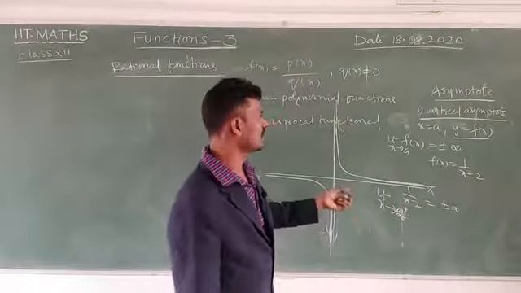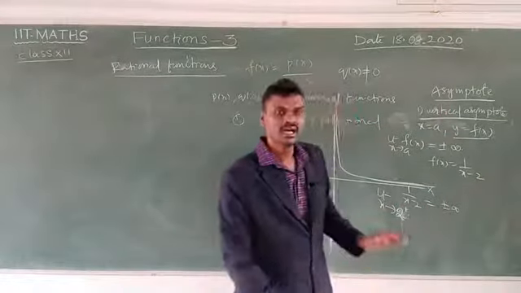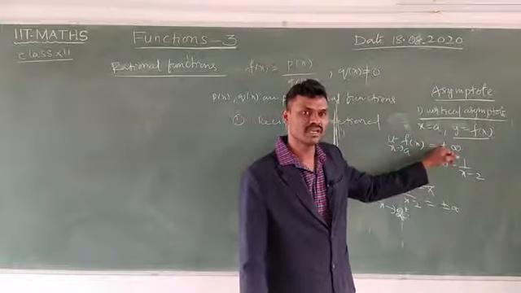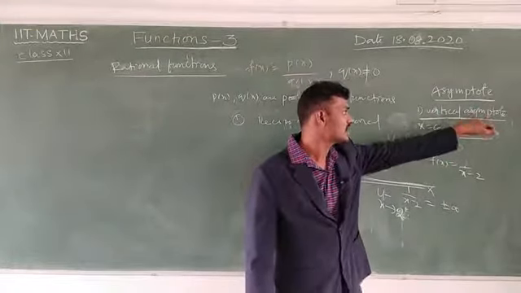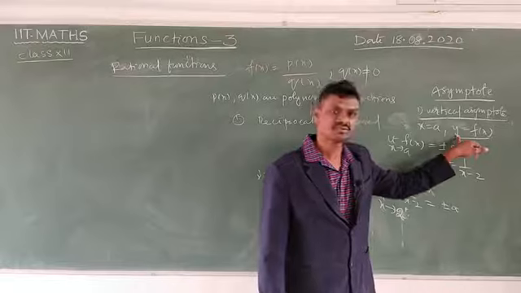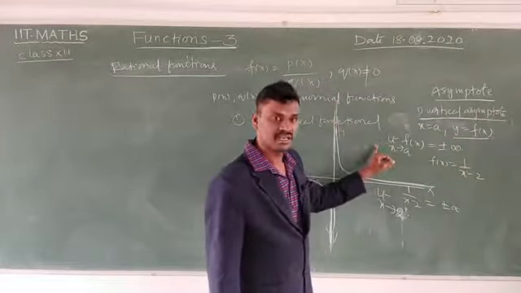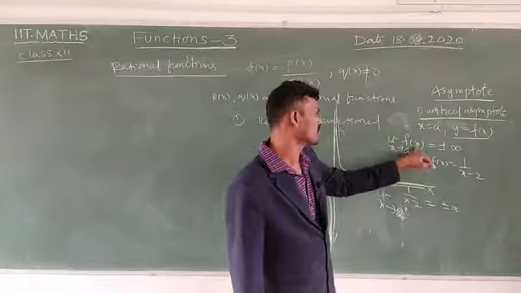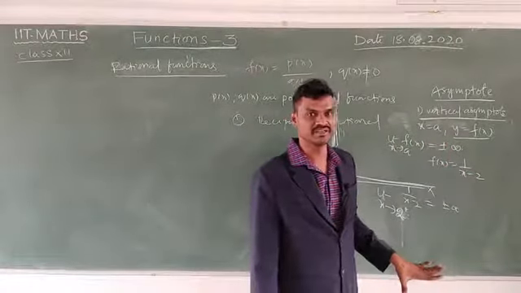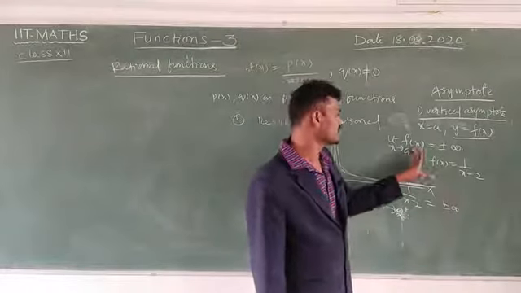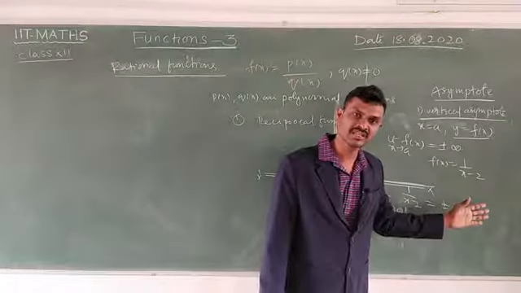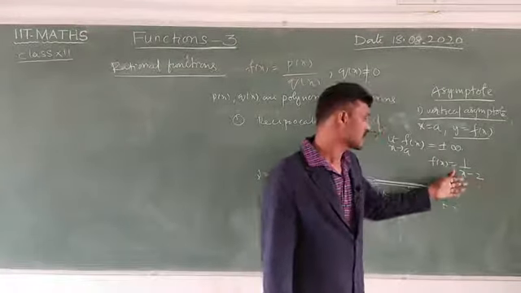Once again, vertical asymptote means let a line x is equal to a be a vertical asymptote of y is equal to f of x, where the limit as x tends to a of f of x is equal to plus or minus infinite. You can take one function, let f of x is equal to 1 by x minus 2 or x minus 3, any one function.